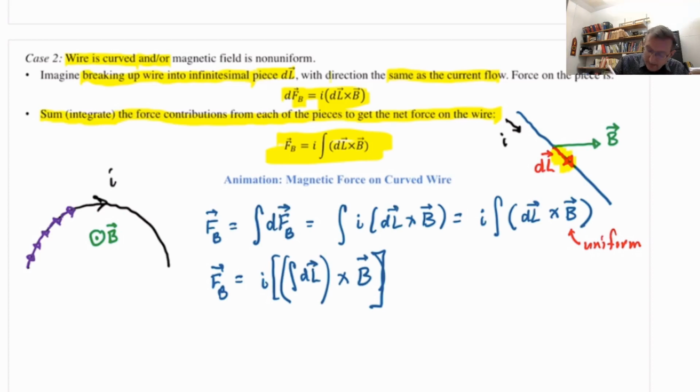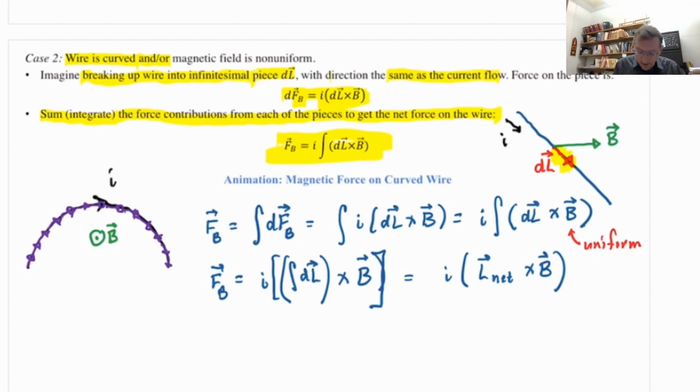And so what you'll get is I times what I'll call L net vector cross B, where L net vector is what you will get when you add up all these little dl's along the circumference.